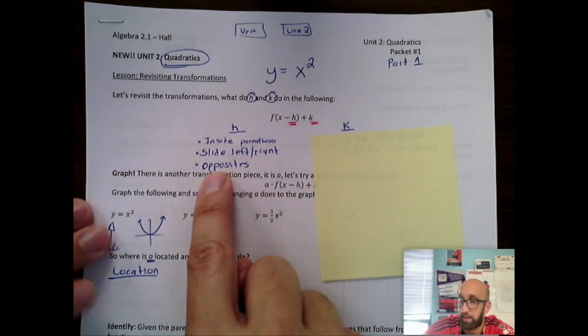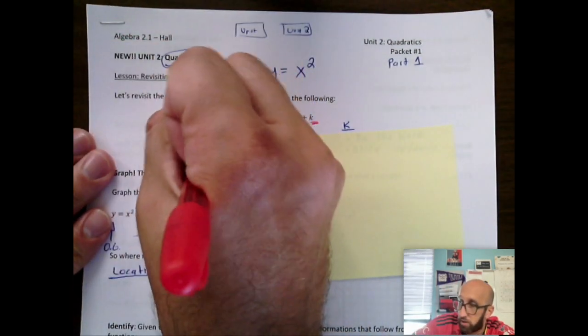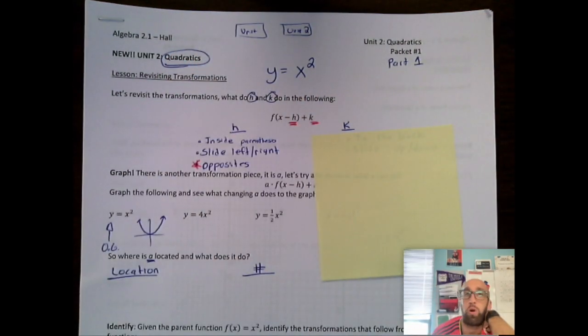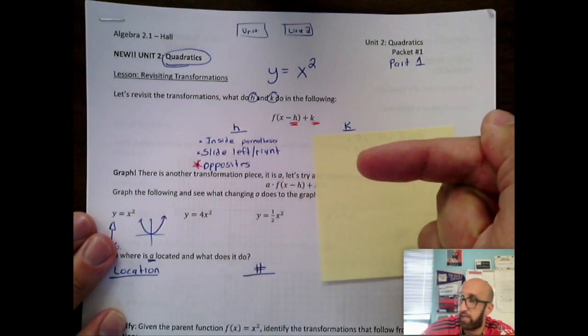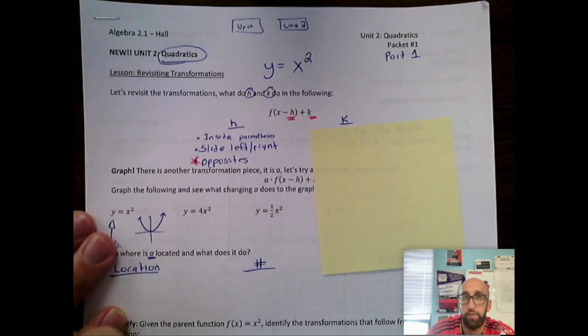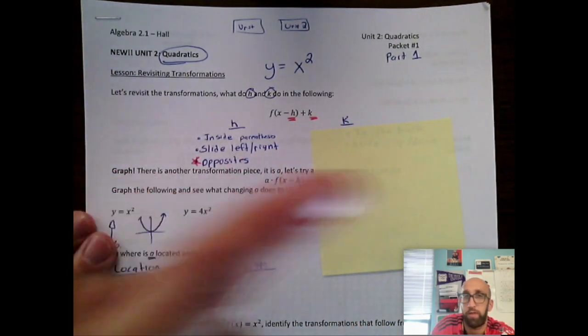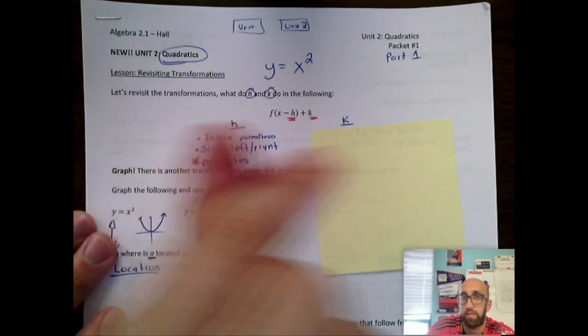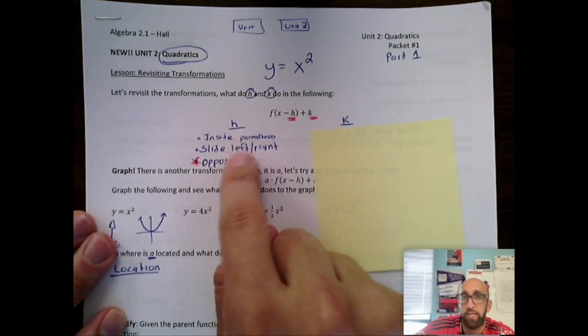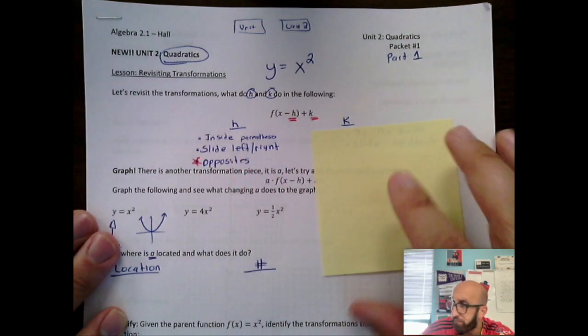And the key thing there, and you maybe want to put a star next to it, is h works in opposites. So if we see a positive number, we're not going to move in the positive direction. We're going to move in the negative direction. If we see a negative, we're going to move in the positive direction. It works in opposites. See negative, go positive. See positive, go negative. That is what h is going to do.